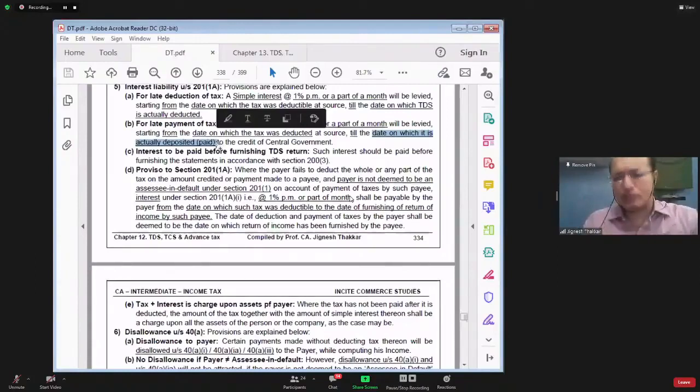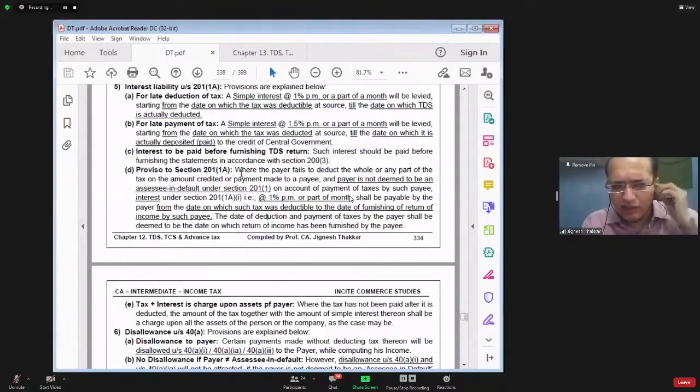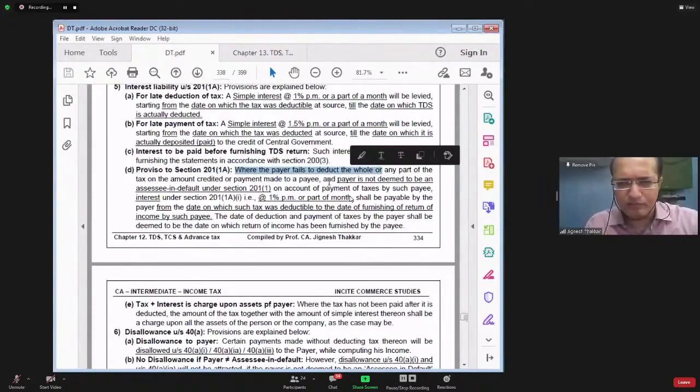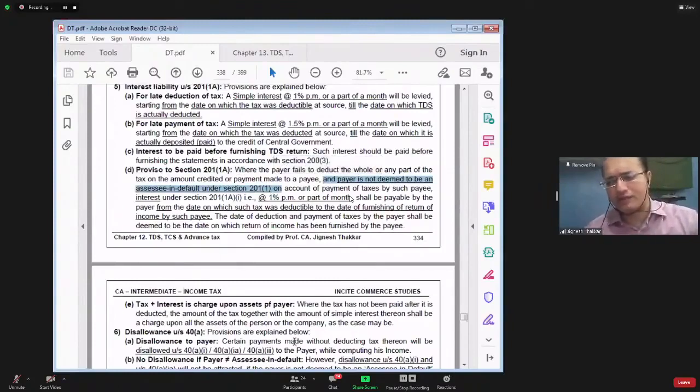Therefore, to cover this situation, the government has inserted a proviso to section 201 subsection 1A. What the proviso says: where the payer fails to deduct TDS and the payer is not deemed to be assessed in default. When will the payer not be deemed to be assessed in default?